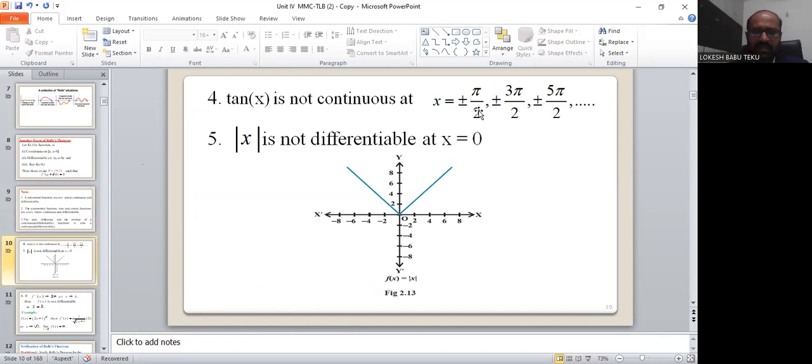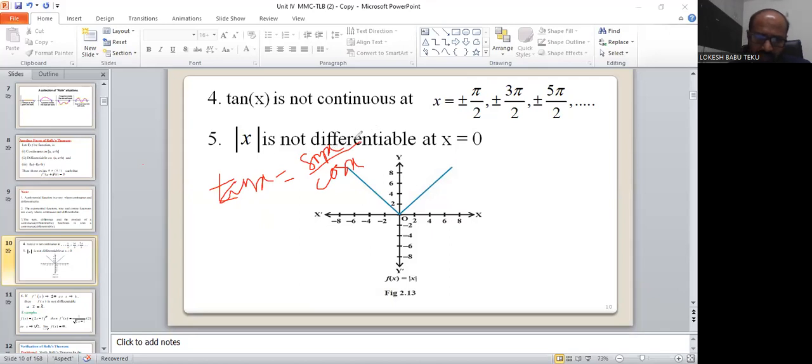Now, tan x is not continuous at x equal to pi by 2. Why? Because you can write tan x equals sin x by cos x. Let us take one point, pi by 2.